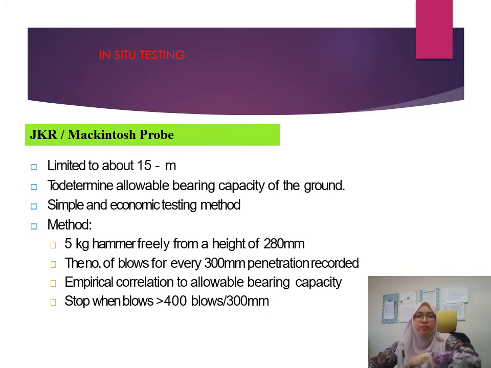For the JKR or Mackintosh probe test, the limit of the exploration is up to 15 meters. The objective is to determine the allowable bearing capacity of the ground. It is a simple and economic testing method, normally used for preliminary design, for example shallow foundation design for a light structure.